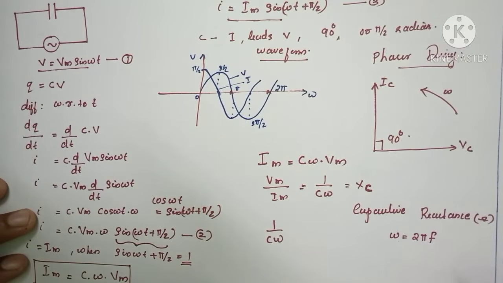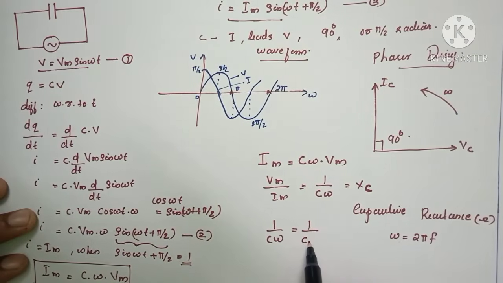It is a function of frequency, so XC is 1 by C into 2 pi f.